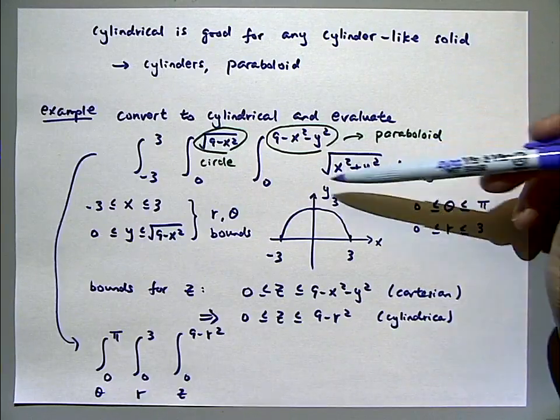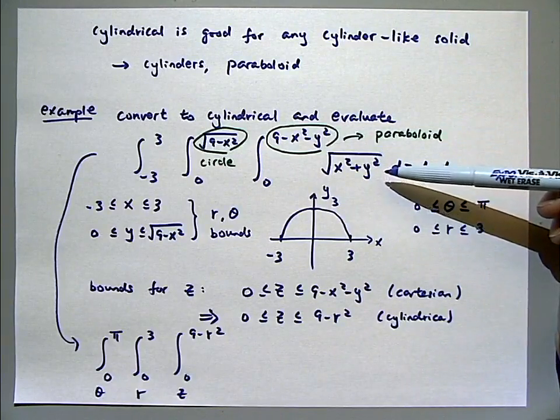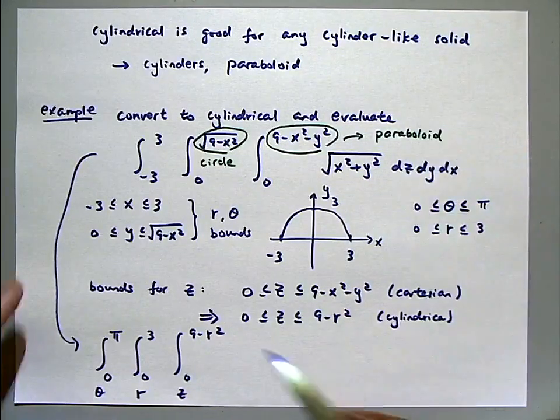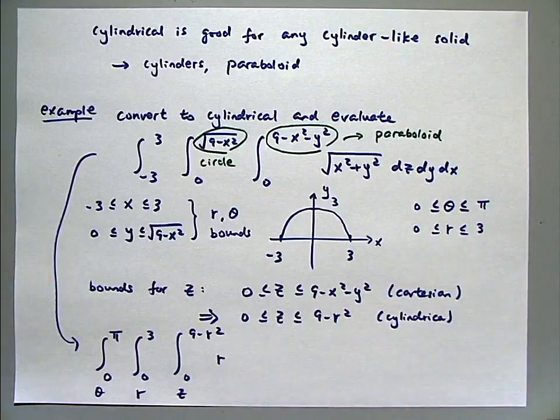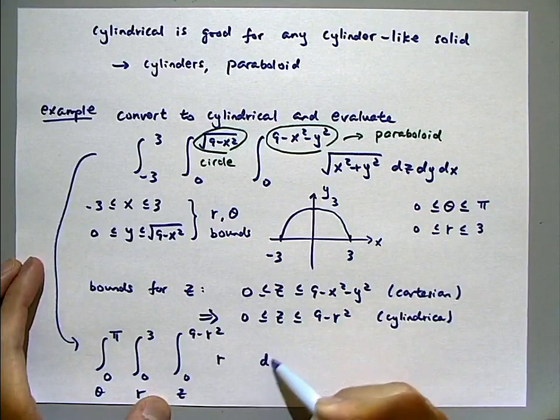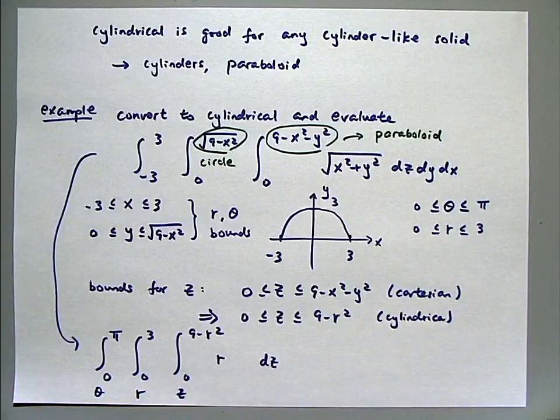And what's this in cylindrical? R, right? What's dz dy dx in cylindrical? dz doesn't change. Z has not changed, right? So we need a dz somewhere, of course. What about dx and dy? What do they become? r dr d theta, very good. Don't forget that r.